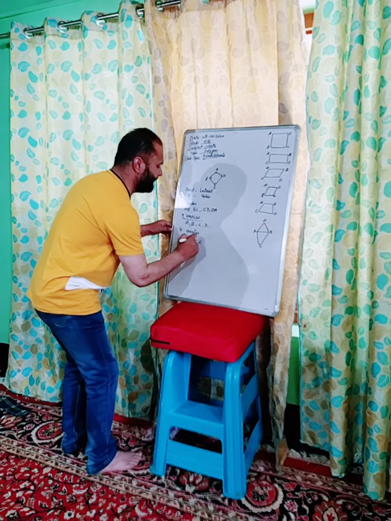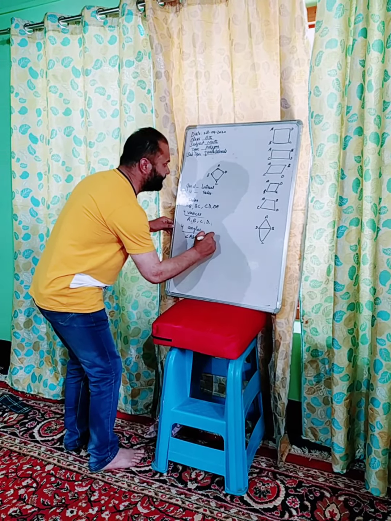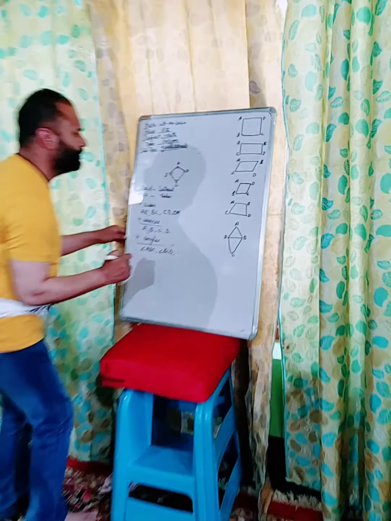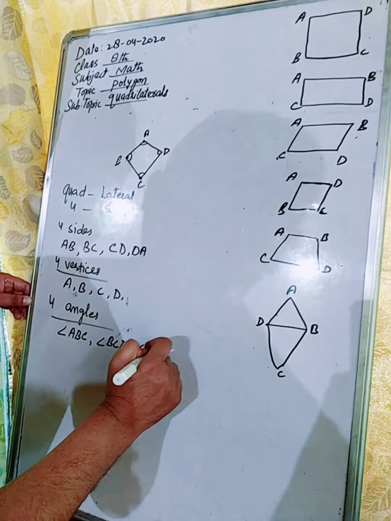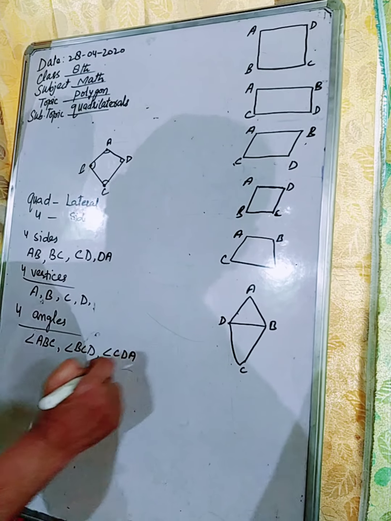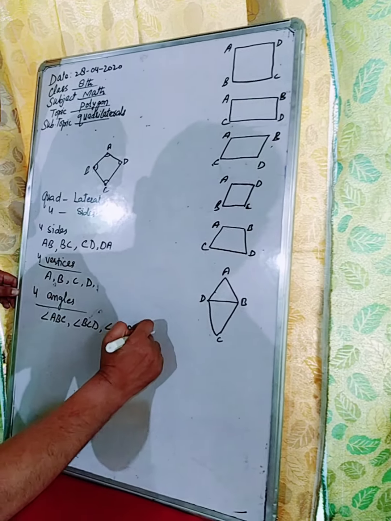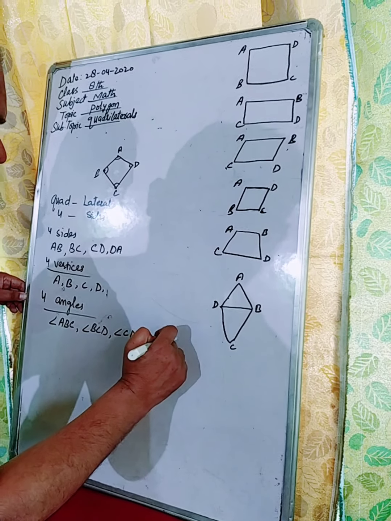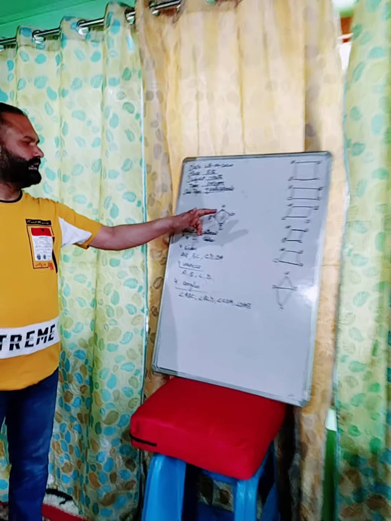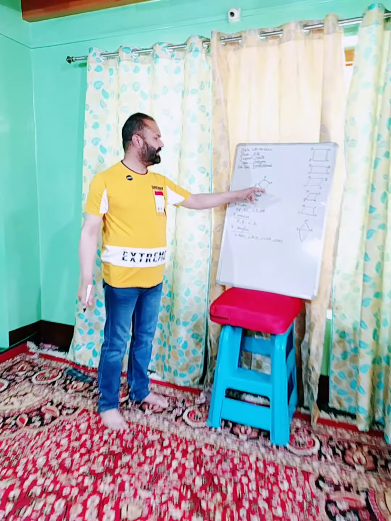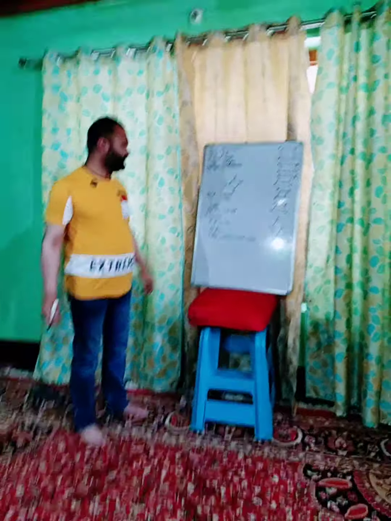Second angle is angle BCD. Third angle is angle CDA. And fourth angle is angle DAB. These are the four angles. Here one angle, here one angle, here one angle, here one angle.